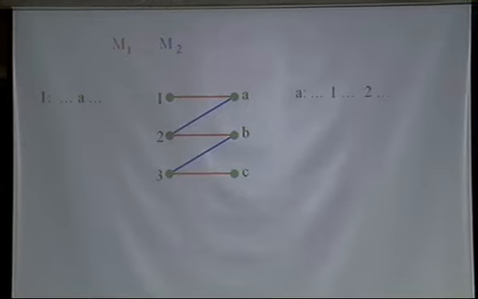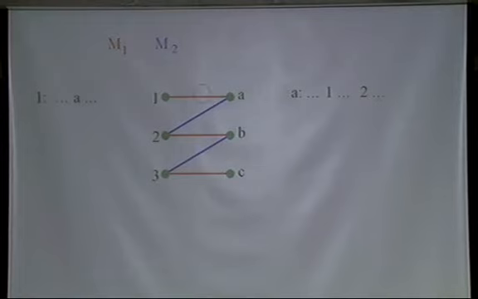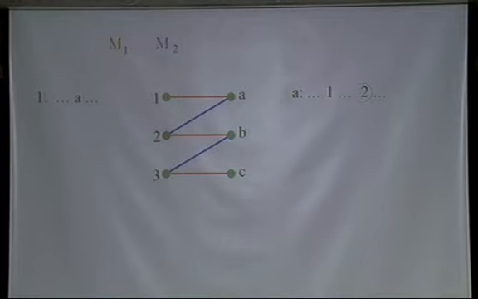If 1 precedes 2, then in the blue matching, 1A is a blocking pair. So it must be the case that the order is 2, 1. Next, I move to man 2. If A precedes B, then 2A is a blocking pair for the red matching. So it must be the case that B is before A.